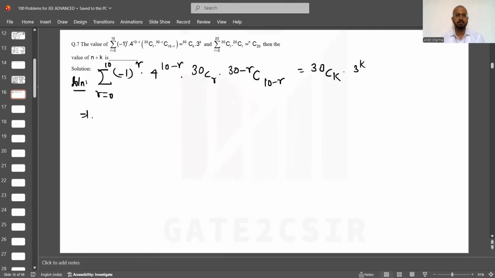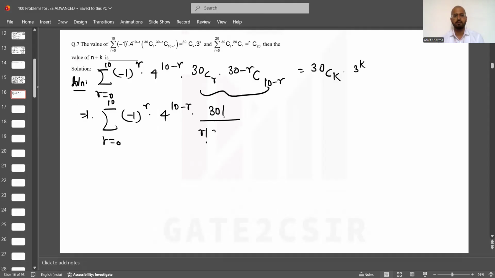So if I consider only this part, sigma r equal to 0 to 10 of minus 1 to the power r, 4 to the power 10 minus r, 30 Cr could be written as 30 factorial over r factorial into 30 minus r factorial, into, again, this will be 30 minus r factorial over 10 minus r factorial, and then 30 minus 10 will be 20 factorial.